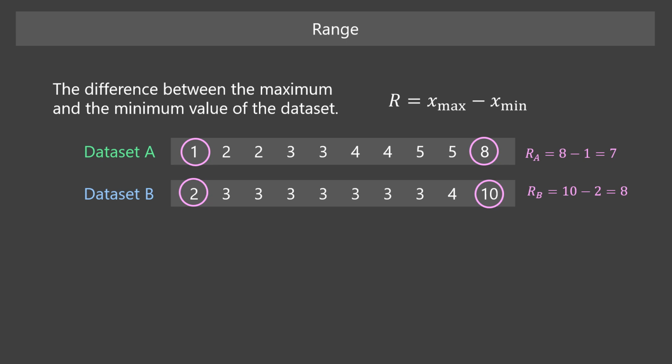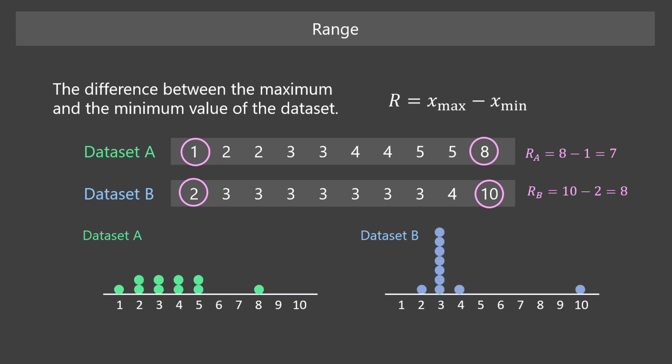The largest number in dataset A is 8, and the smallest number is 1. So, the range is 8 minus 1 equals 7. In dataset B, the largest number is 10 and the smallest is 2. So, the range is 10 minus 2 equals 8. The values of range tell us that dataset B is more widely dispersed.